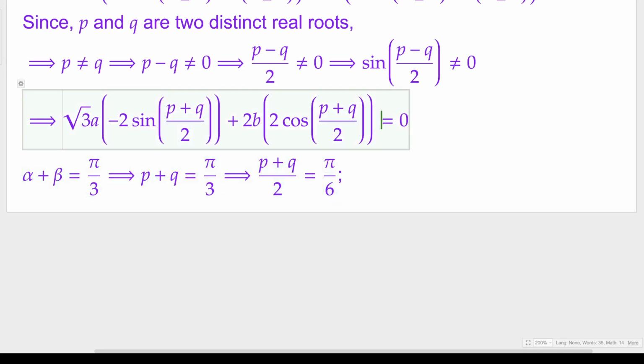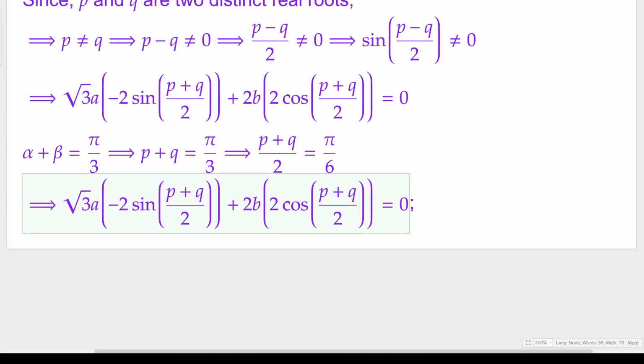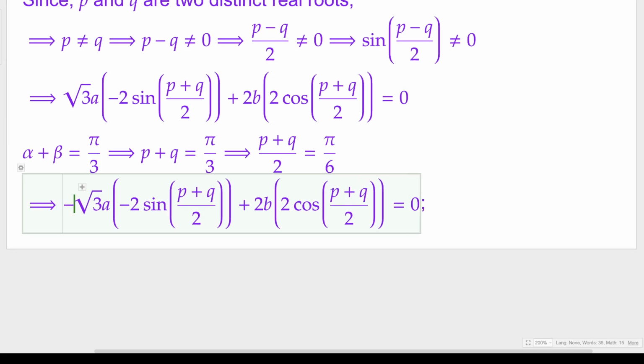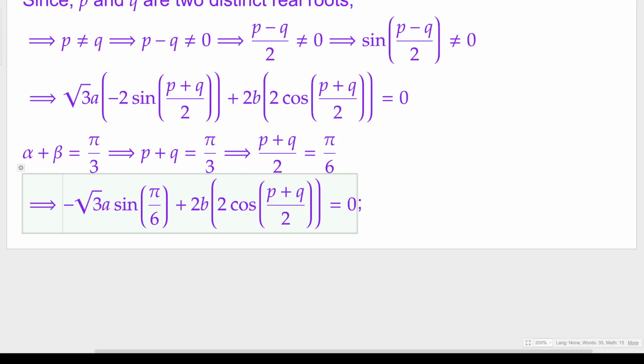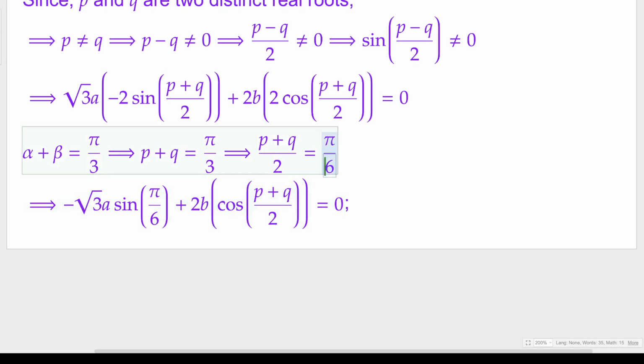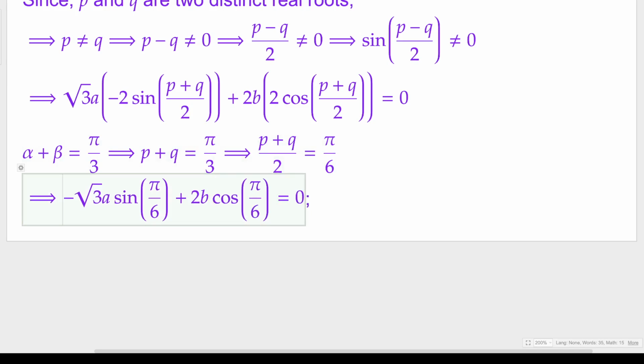Now I'll take this and proceed towards the next step. I can write this as negative square root of 3 times a times sine pi over 6. Similarly on the other side, the 2 is already eliminated because I have taken it as the common factor, and this would be pi by 6 again. Let me remove the outer parenthesis, and these values are something we are already aware of.